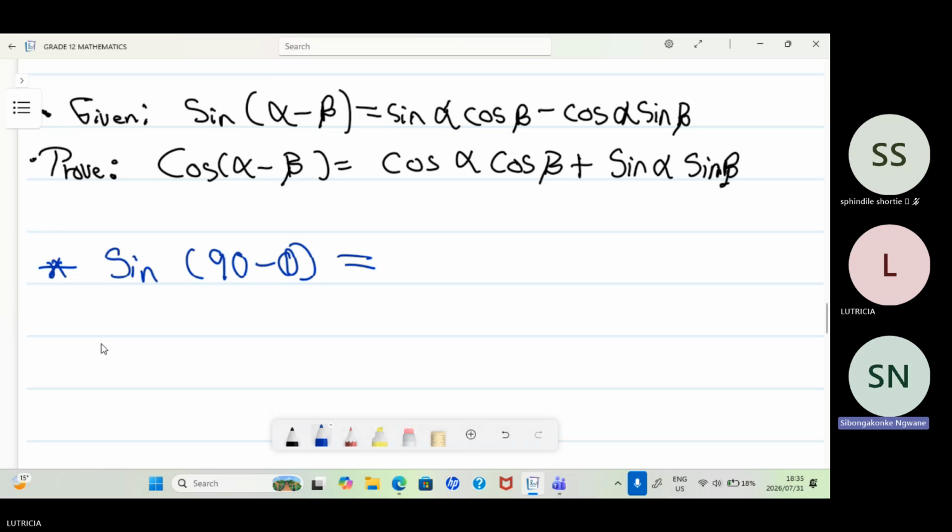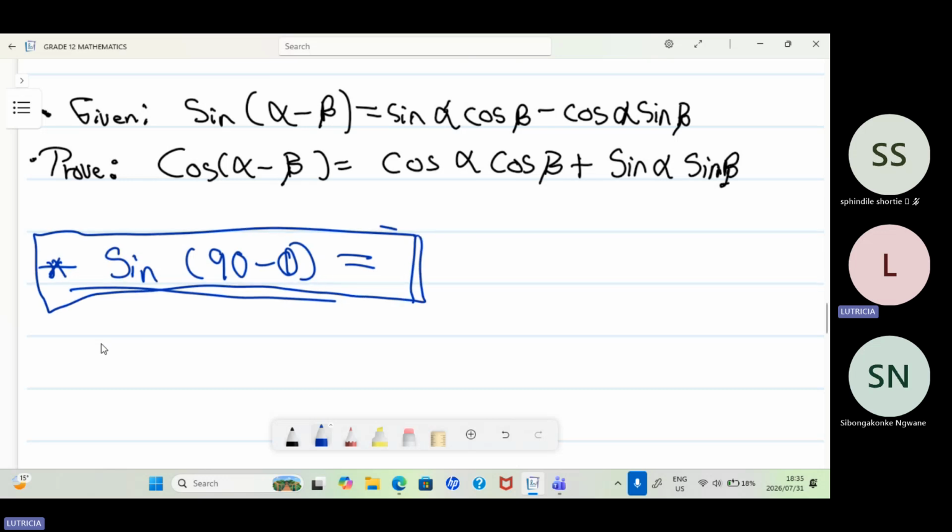I think she sent the solution on the group. You can check. Did they also use this? Because I wanted us to start from, I think this is already given. You just have to know it, and then use it to manipulate.